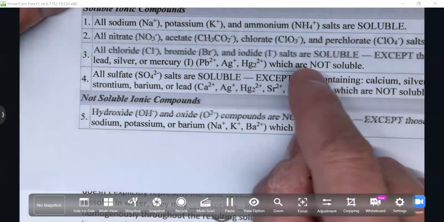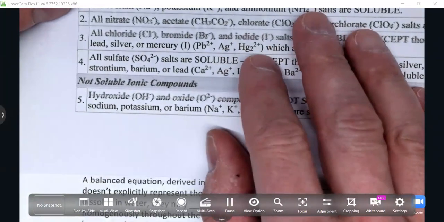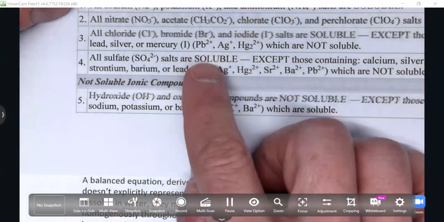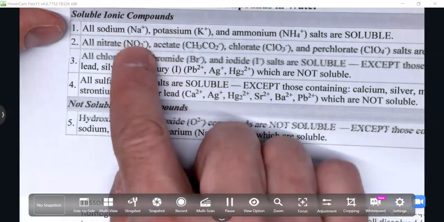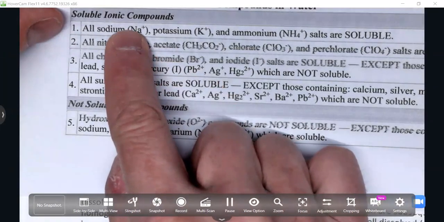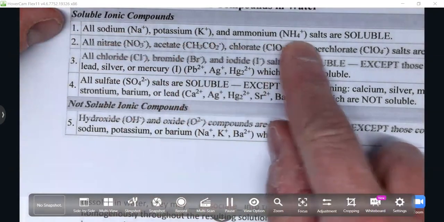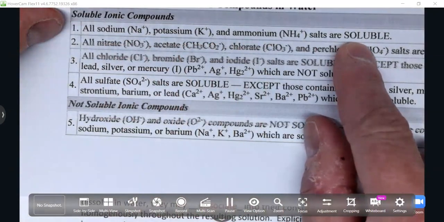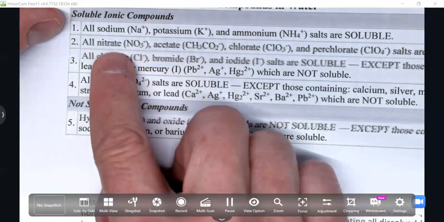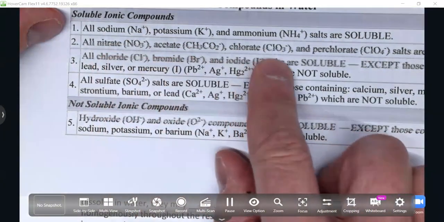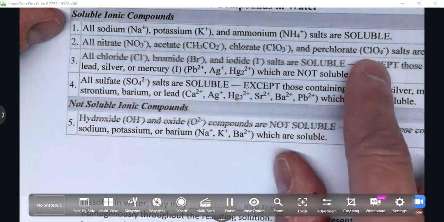So you don't have this in the learning guide. I added it last night, so I just put it up here. So all sodium, potassium, ammonium salts are soluble. Water is going to split them apart. All nitrates, acetates, chlorates, perchlorate salts are soluble.